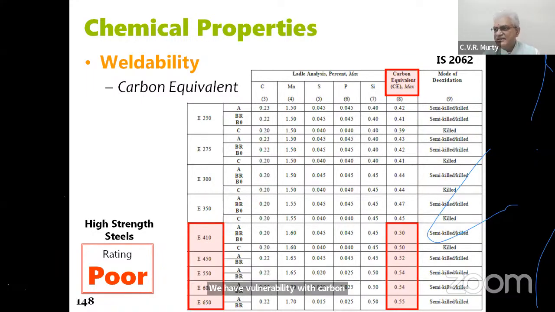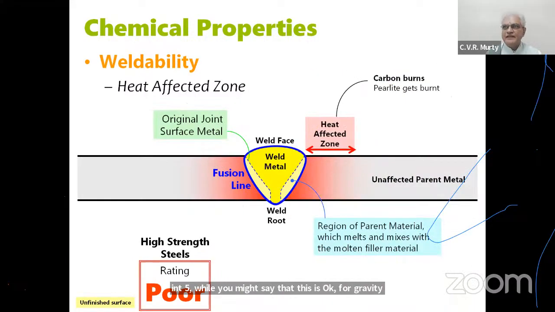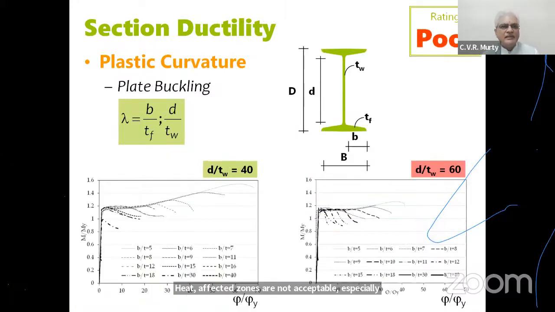While you might say that this is okay for gravity load systems, for seismic applications, this will still be an issue for us. Heat affected zones are not acceptable, especially connections failing is not a method that we want to adopt.